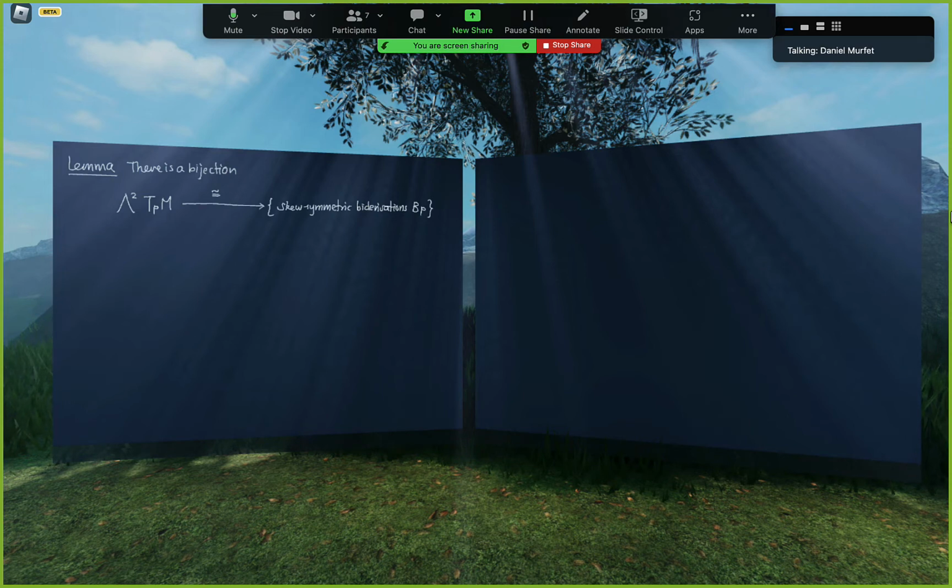Here I've switched, I'm in the manifold setting, right? So T_PM is now defined as usual in that setting, and it's not the Zariski tangent space, although obviously they're computing the same thing in the end. And this map sends a wedge product of two tangent vectors to the following skew symmetric biderivation, which takes a pair of germs and computes the determinant of this.